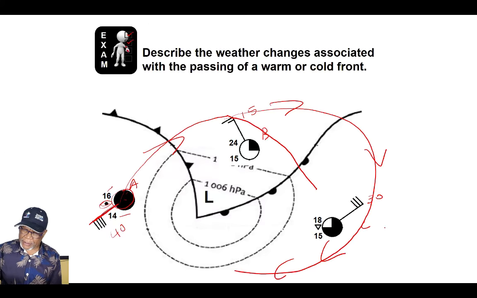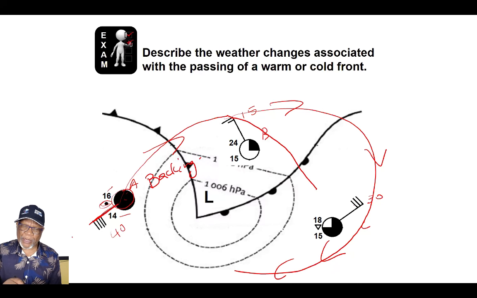So these lines of wind direction indicate the change in wind direction. It was coming from this point, it came from this point, it came from this point. So this shows the clockwise circulation of air. And then what do we call that process? We call this process backing.